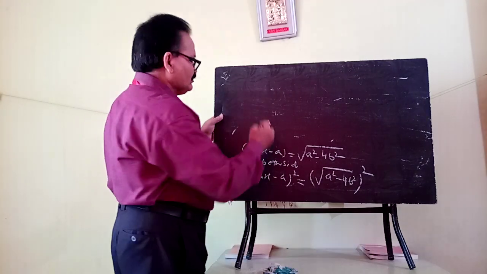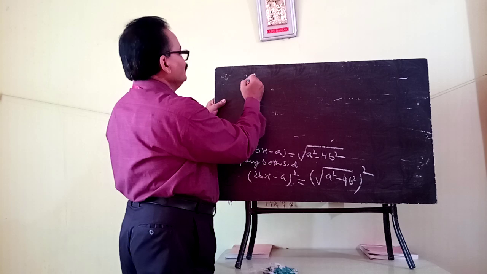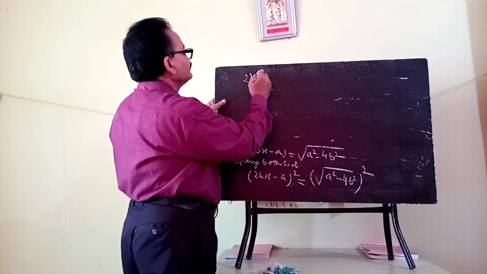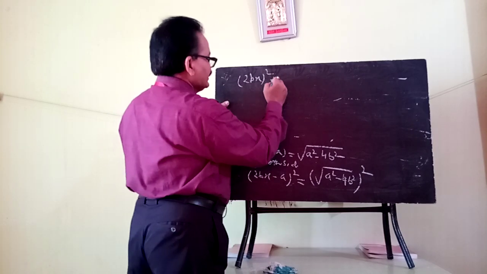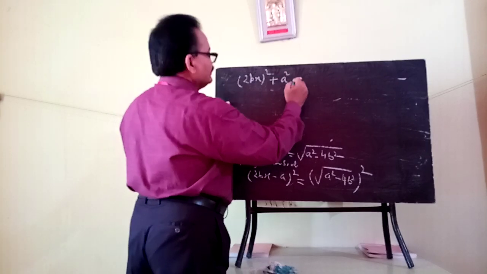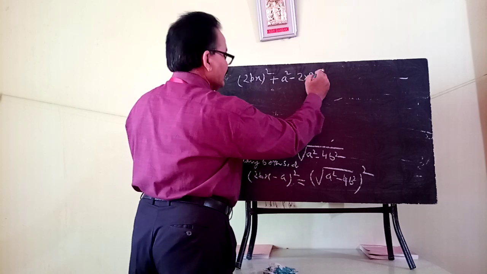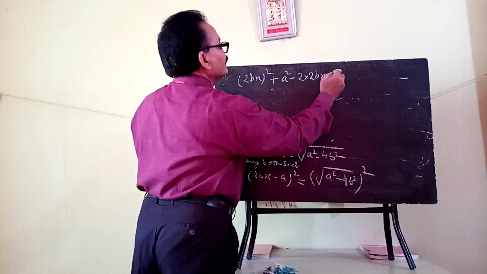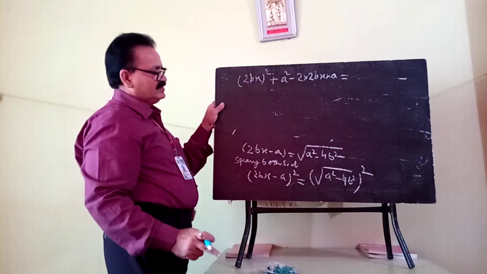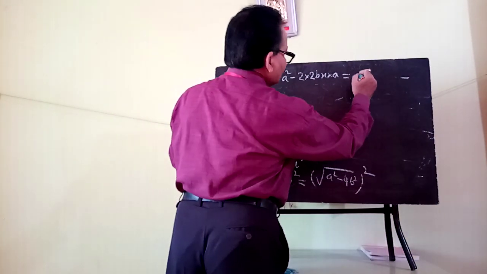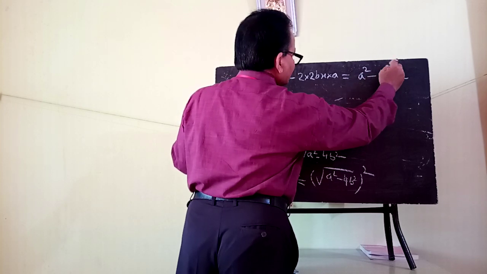As far as (a minus b) whole square is your 2bx whole square plus a square minus 2 into 2bx into a. On the right side, you just remove the bracket, a square minus 4b square.